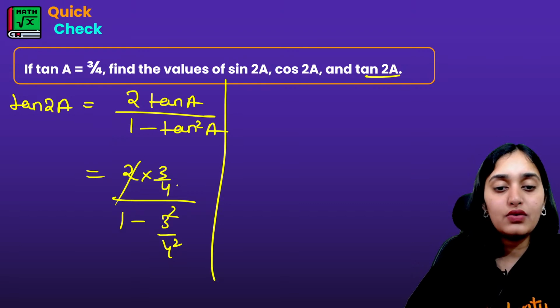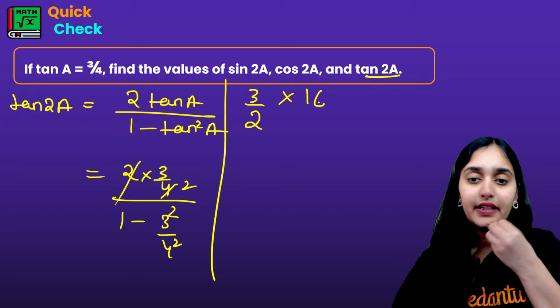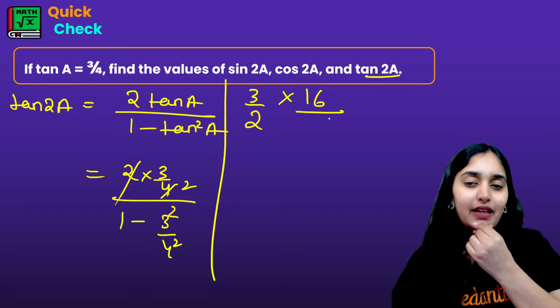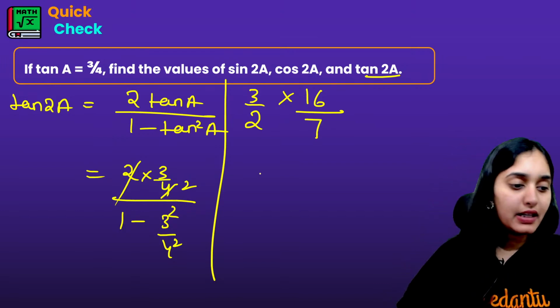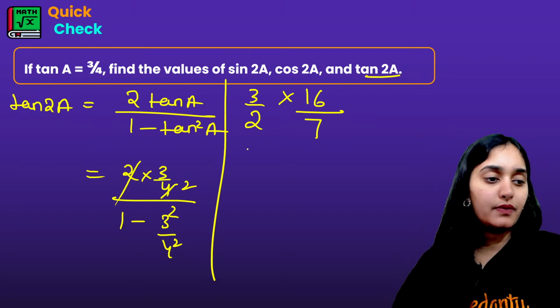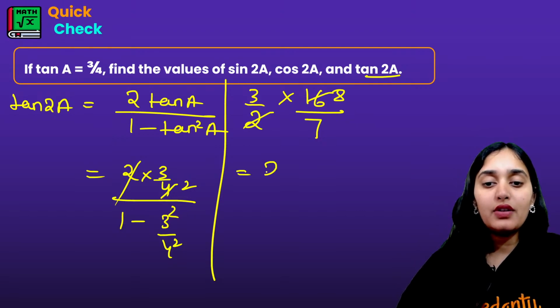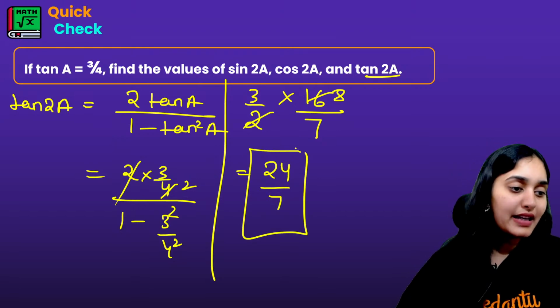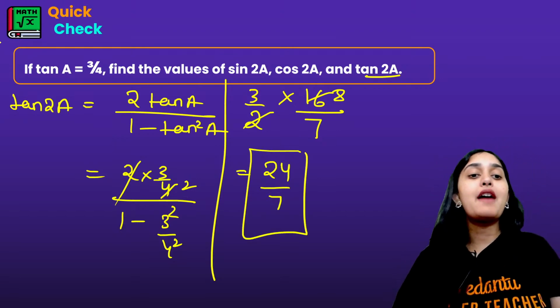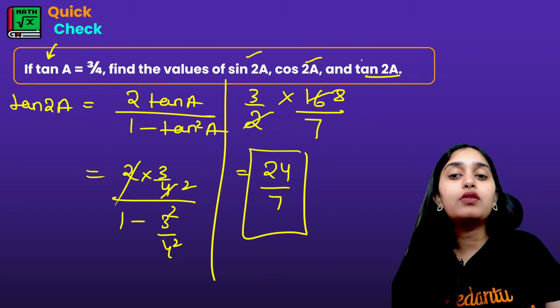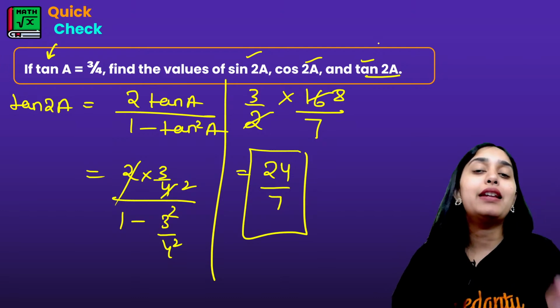So this is 3 by 2 into 16 upon 16 minus 9, 7, right? So 2 8s are 16, 8 3s are 24. The answer is 24 upon 7. Alright, everybody understood? If you have the value of tan A, how can you find out sin 2A, cos 2A, tan 2A? We have a direct formula.